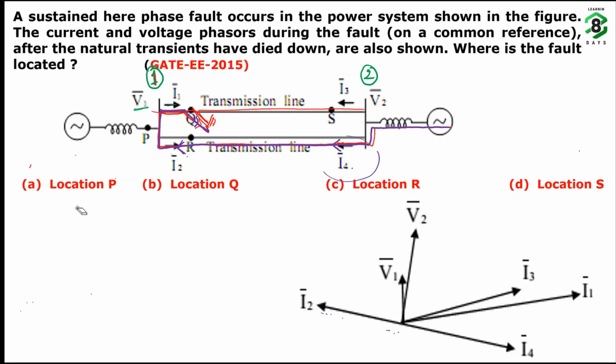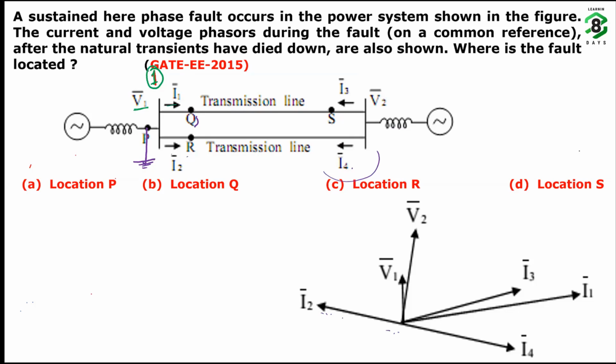So here, let us assume the fault is at P. If the three-phase short circuit is occurring at P, what should be the polarity of V1 and I1? What should be the phase angle between V1 and I1?